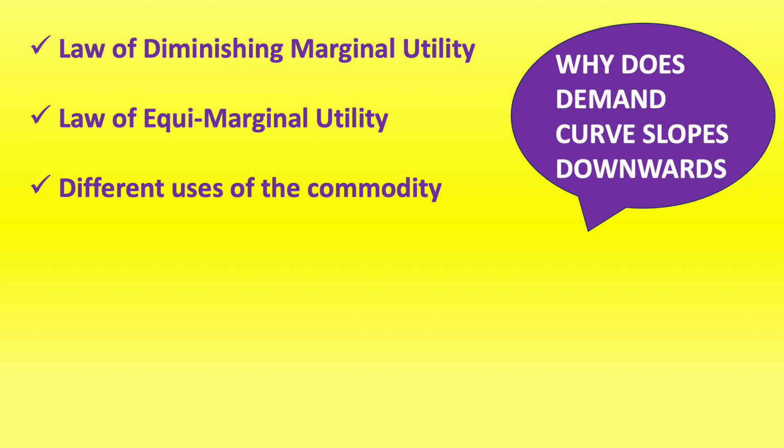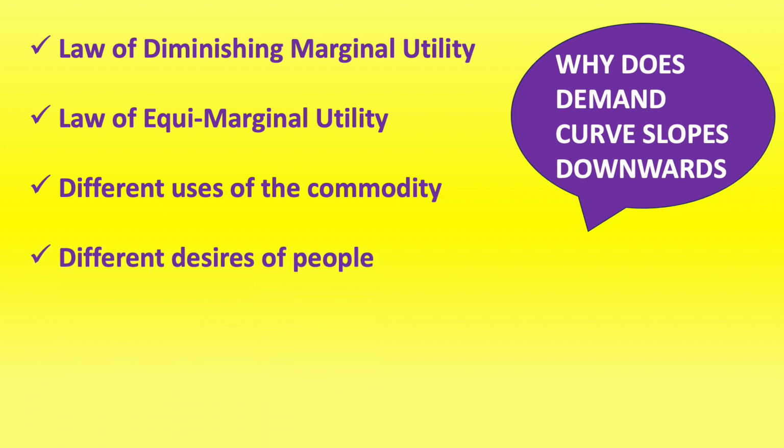For example, tomato. If the price of tomato increases, it will be used only for basic cooking purposes. If the price of tomato falls, it will be used for making pickle, jam, etc. So the different uses of the commodity support the concept that the demand curve slopes downwards.